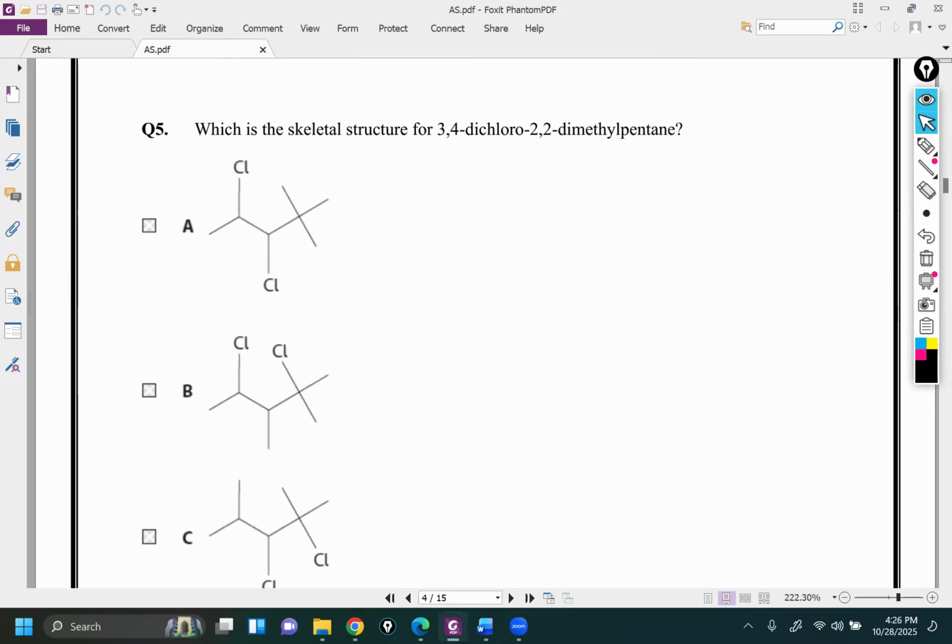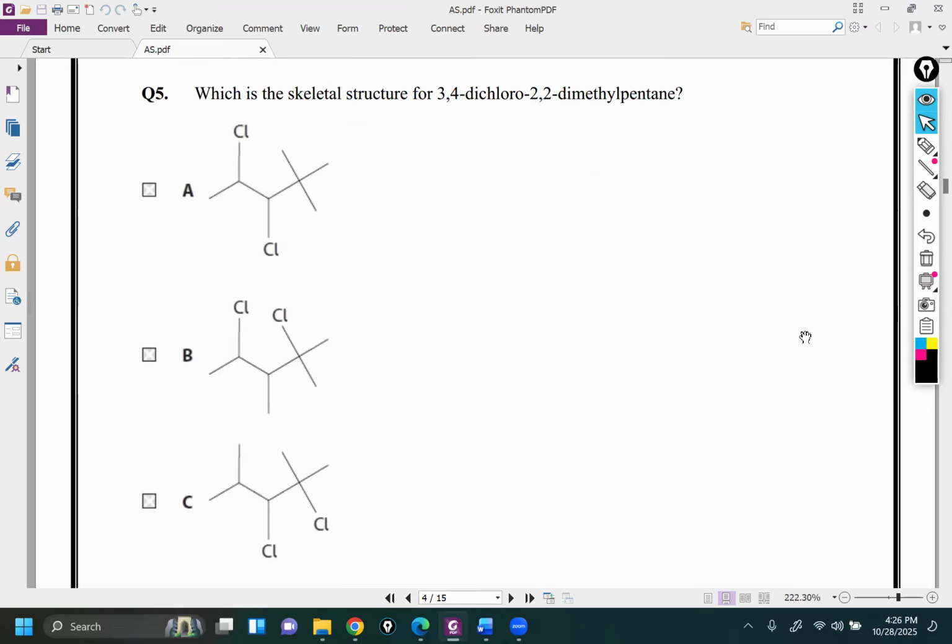Question number 5, which is the skeletal structure of 3,4-dichloro-2,2-dimethylpentane? First of all, you have to select the longest chain, and then number from the side to which the branch is closer. So 1, 3, 4, and 5. Here 1, 2, 3, 4, and 5.